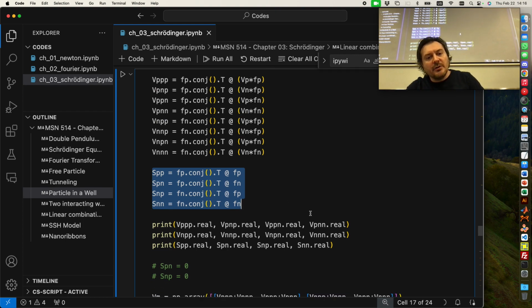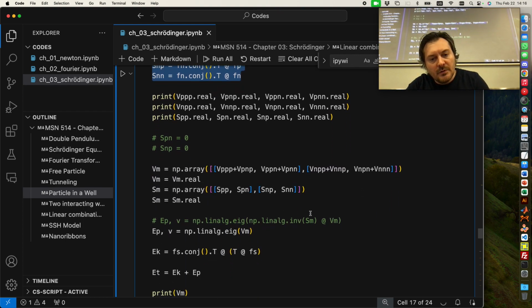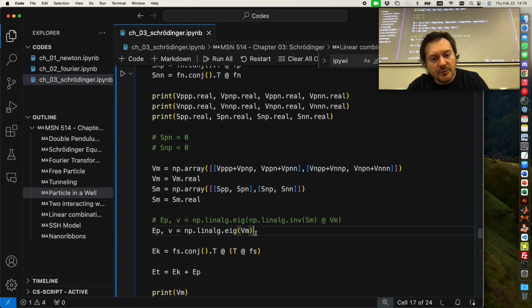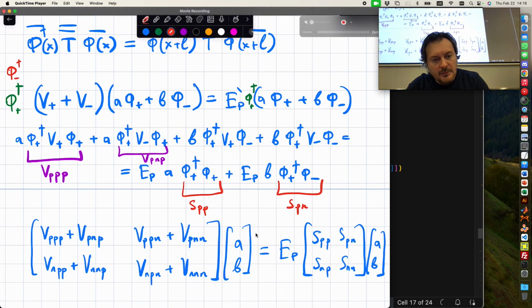Now, how are you going to get the solution to this equation? Well, you can take the inverse of this one, multiply it from the left side, and solve the eigenvalue equation. That's what we are doing.